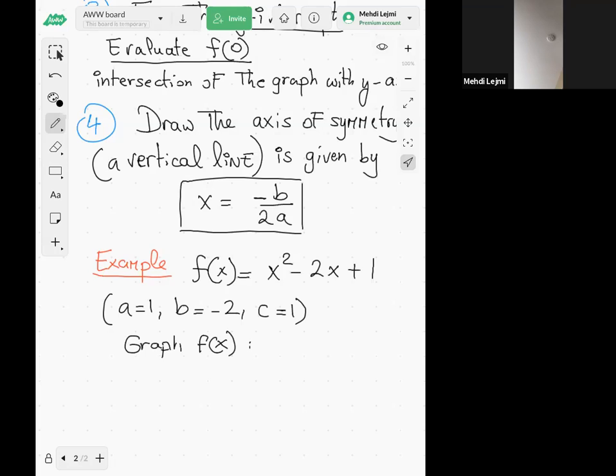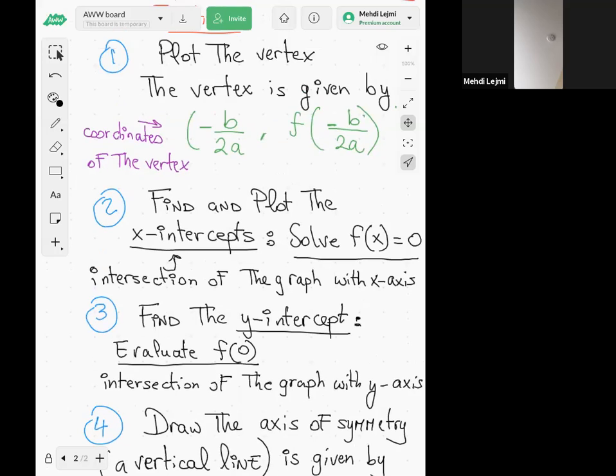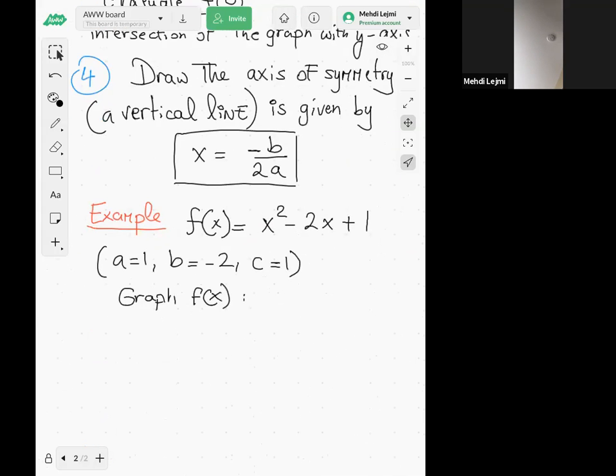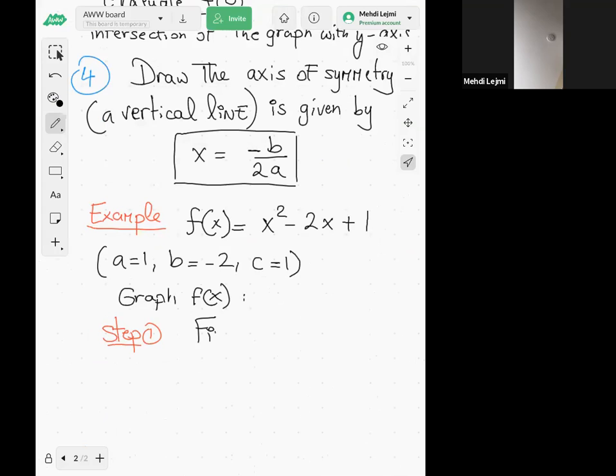To graph f of x, I'm going to follow those steps. The first step is to find the vertex of this function f.